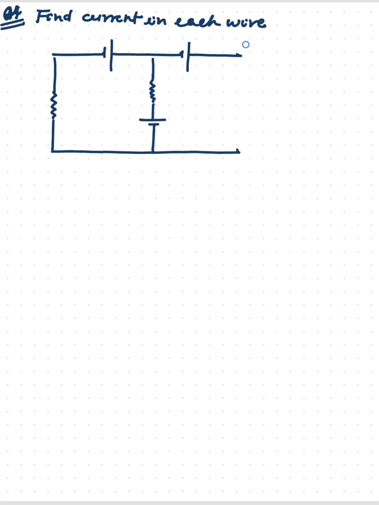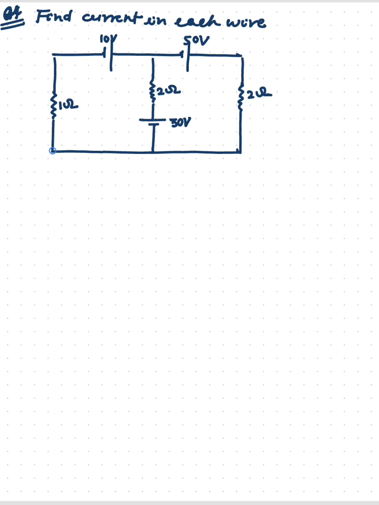And this is the another resistance. So this is the 10 volt battery. This is the 50 volt battery, and this is 30 volt battery. And this is the 1 ohm resistance. This is the 2 ohm resistance. This is the 2 ohm resistance.